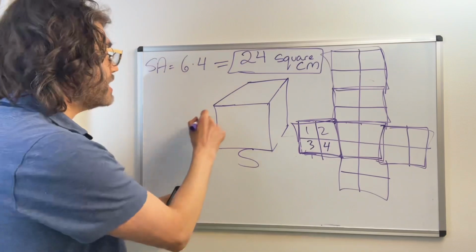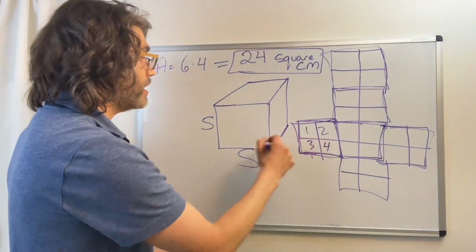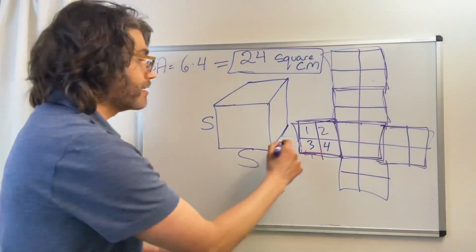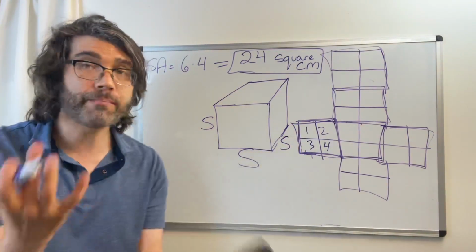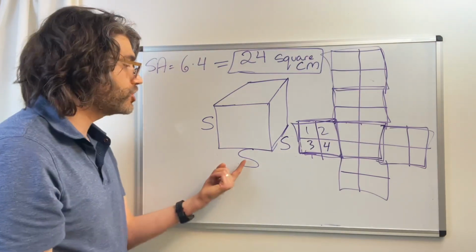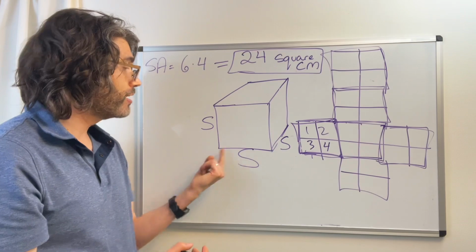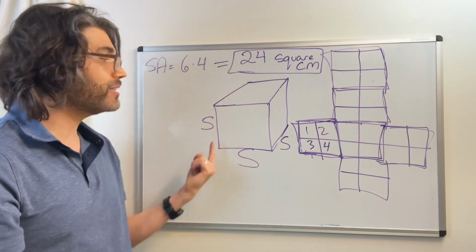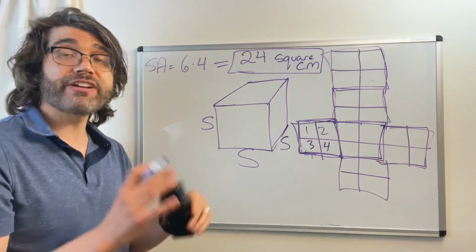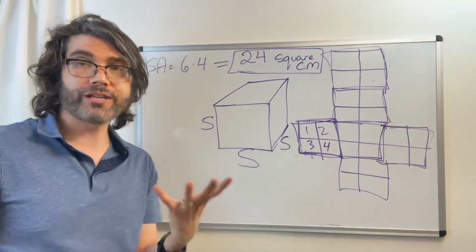Because the length, the width, and the height are all the same number. So why don't we, for any cube, just generalize it to say S? If I call this length S, this has to be the same length, because every variable that is the same here needs to represent the same quantity.